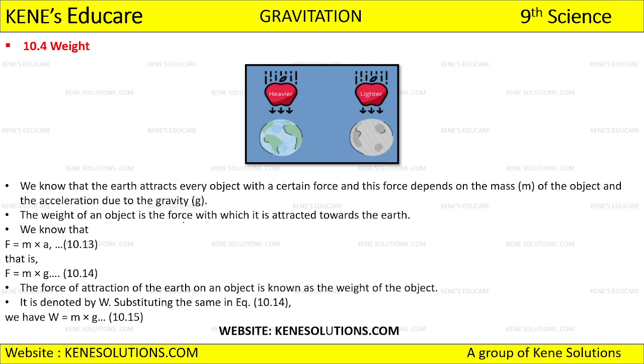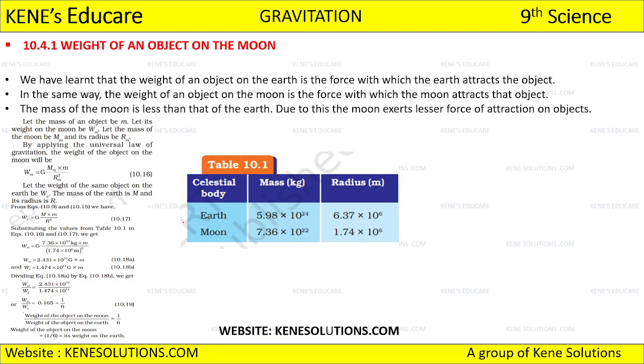Whenever it comes to gravitation, weight and mass are two important concepts that are going to come into the picture. So you need to make sure that you know about weight and about mass as well. Then we'll be discussing the weight of an object on the moon.